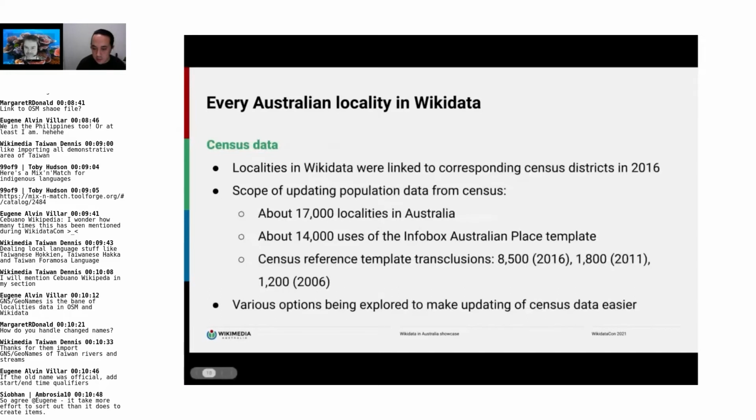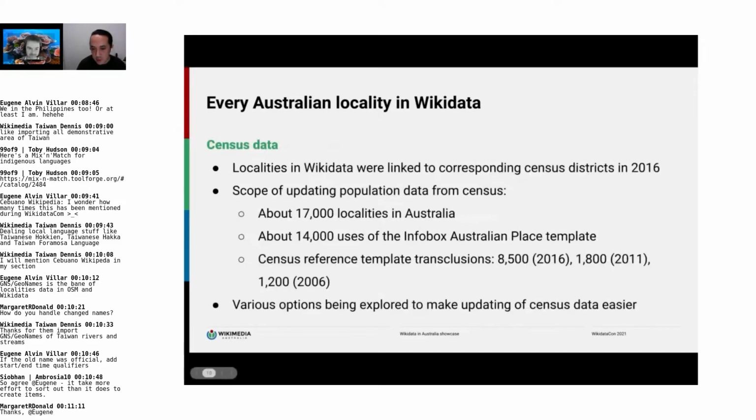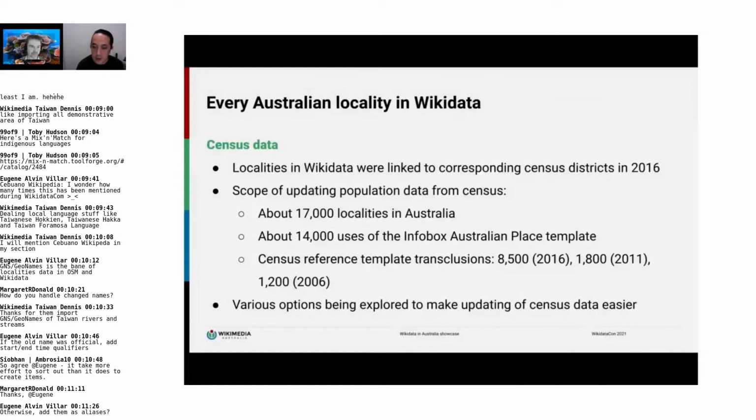There was a big project to link census data, localities in Wikidata, to their corresponding census district in 2016, 5 years ago. As I showed you in that table before, there are about 17,000 localities in Australia. There are about 14,000 articles on the English Wikipedia which use the Infobox Australian Place template.